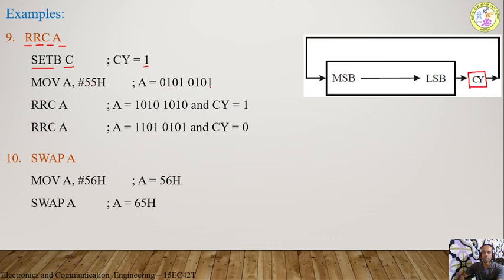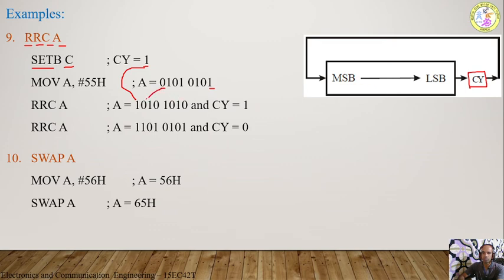This is 55. Then I will do RRCA. So as per this, what will happen? The content of carry will come to MSB. What is the content of carry now? Initially carry is 1. This carry will come to the MSB position. So this is the MSB position and this is LSB. This carry will come and occupy the MSB position, and all the bits are shifted right by one time.